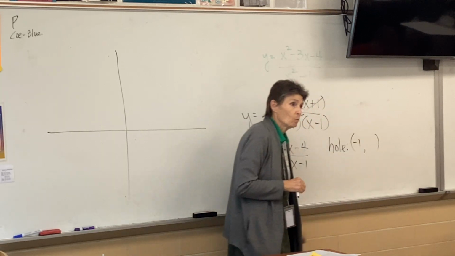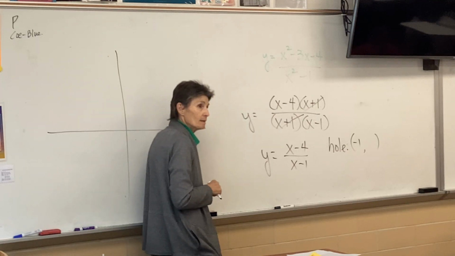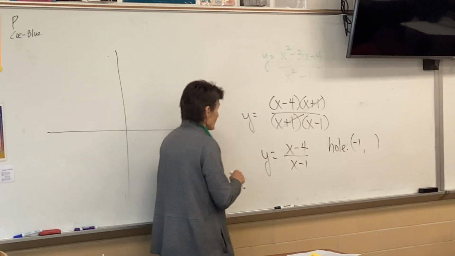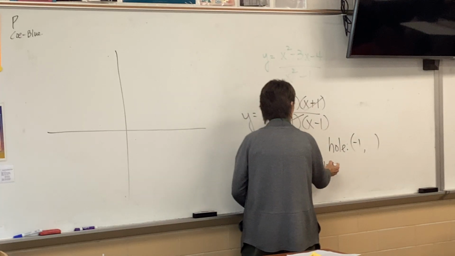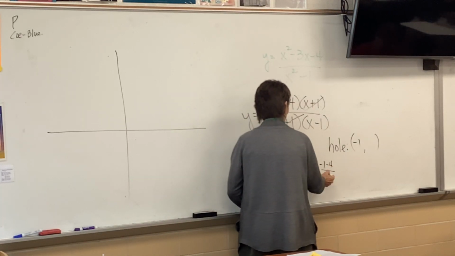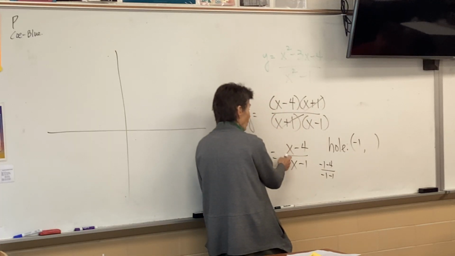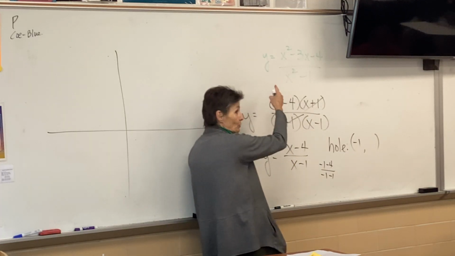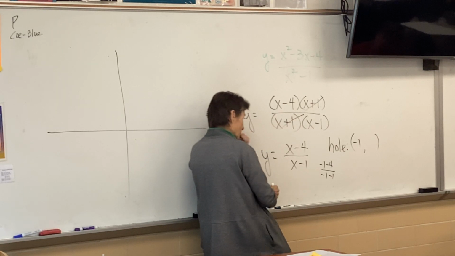How do I find it? Plug it in. So if I plug in -1, I'm going to get -1 minus 4 over -1 minus 1. I'm plugging in -1, and don't do that in the original. You have to plug it in the reduced one.